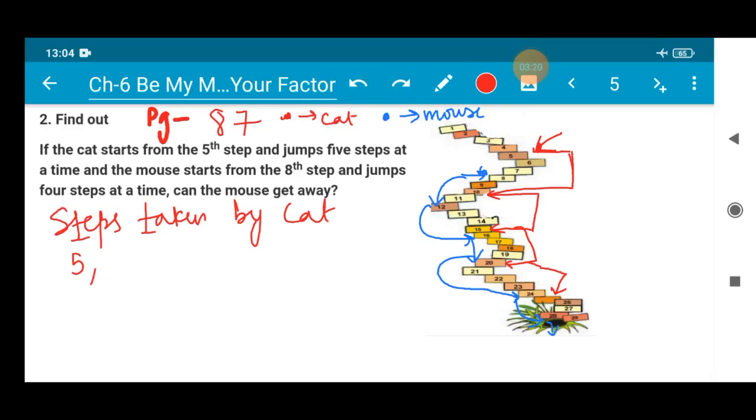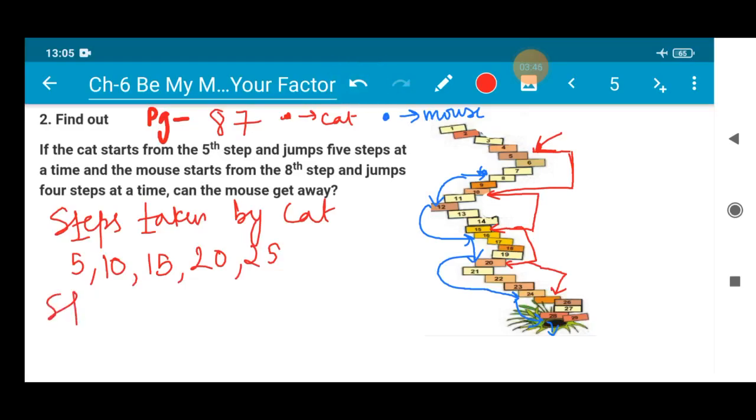But now the cat is at the 5th step, and now it is traveling 5 steps at a time, right? So if that is the criteria, then 5, 10, 15, 20, 25, and then no other steps are there, right? So these are the steps which will be taken by the cat: 5, 10, 15, 20 and 25.